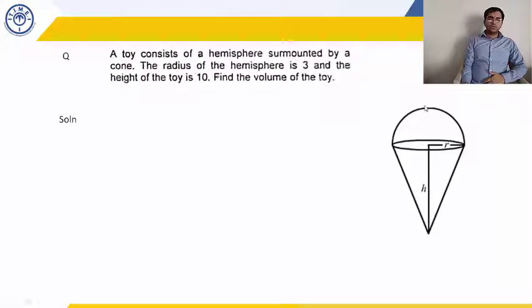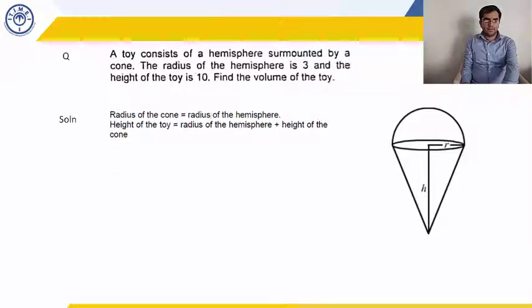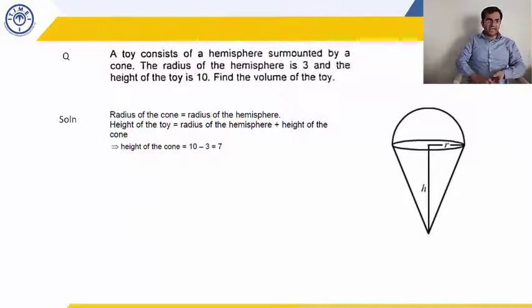And what is the total height of the toy? It is h plus r. Please write down in your copy. Height of toy equal to 10 equal to h plus r equal to h plus 3. And so you get the height of the cone h equal to 10 minus 3, that is 7 centimeters.